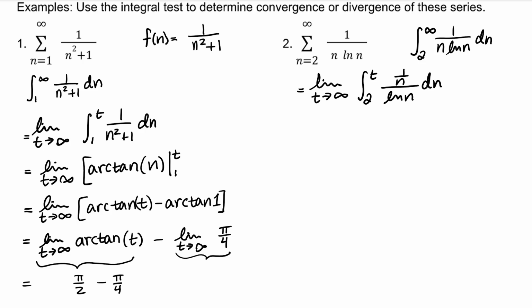I rewrote the integrand because I think it's a little easier to see that we have u prime over u, which gives us ln absolute value u.